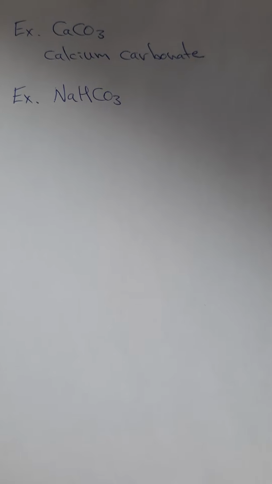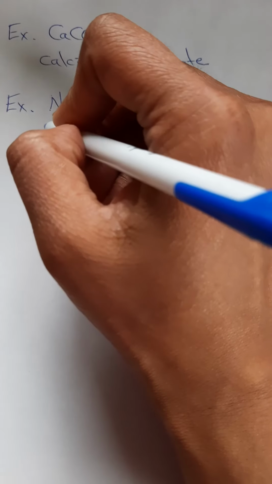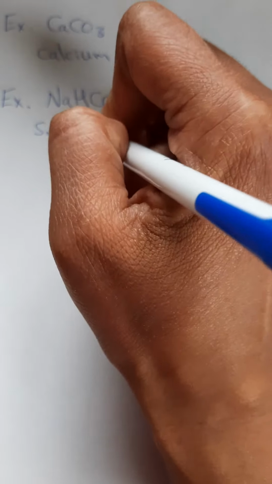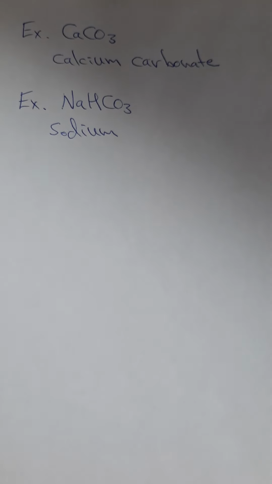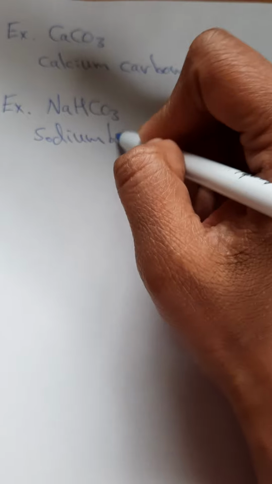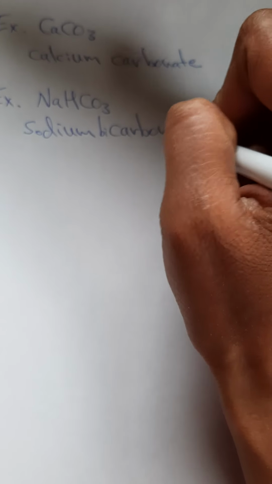NaHCO3, Na is sodium, and then HCO3, this is carbonate. Oh, sorry, bicarbonate. Or I can also put sodium hydrogen carbonate. So that's all right as well.